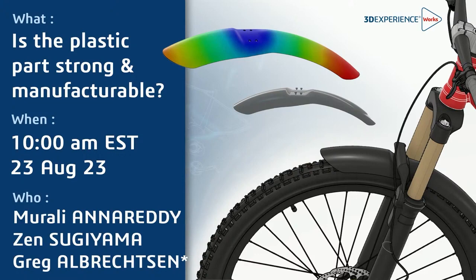I'm super excited to learn how, when we're manufacturing plastic components, I can understand if there are any manufacturing defects that are going to be produced before I even go and make the mold, like short shots or red lines and things like that. So I'm extremely excited for this episode as well, and can't wait to learn more from Murali and Zen. It's going to be another fantastic episode of Plastics. Again, this is on 23rd August, same time, 10 a.m. Eastern Standard Time.